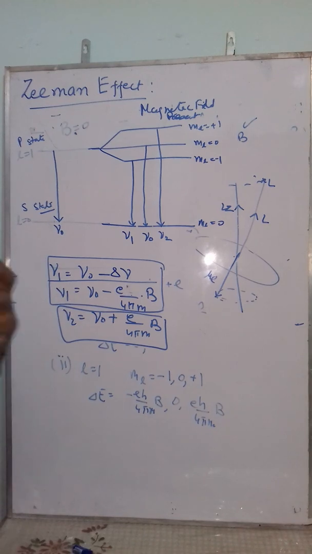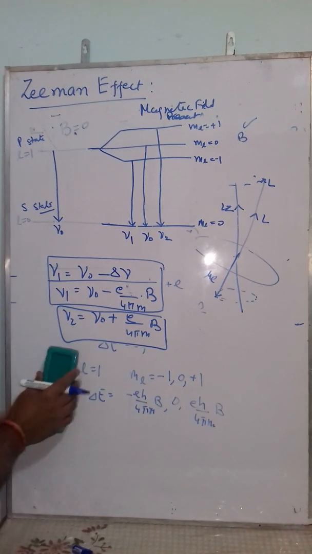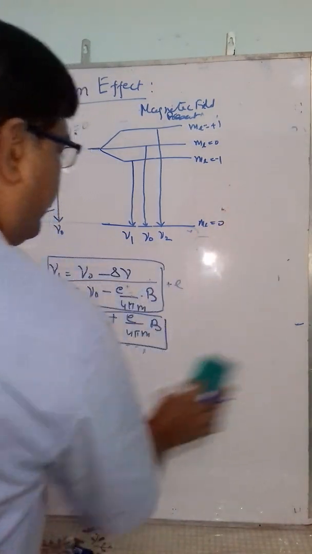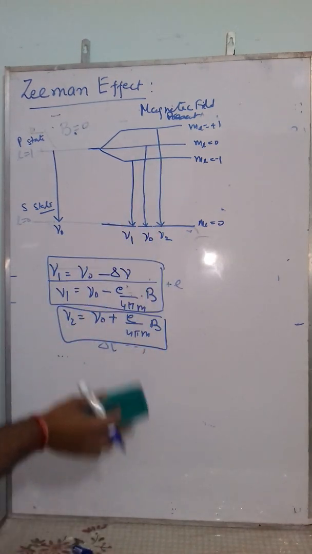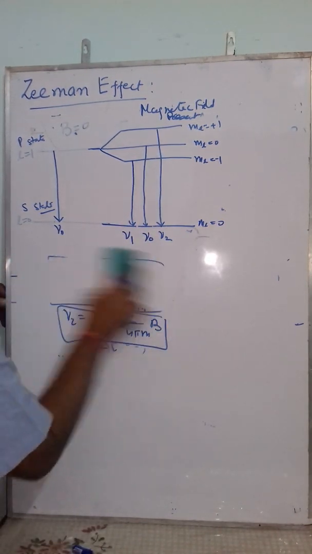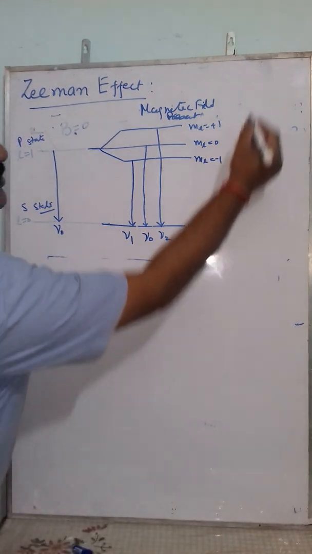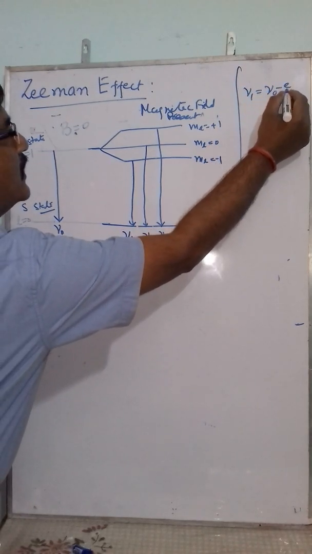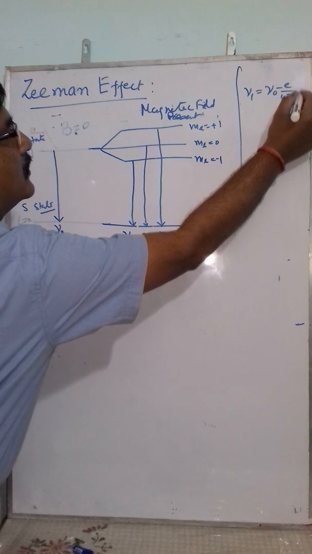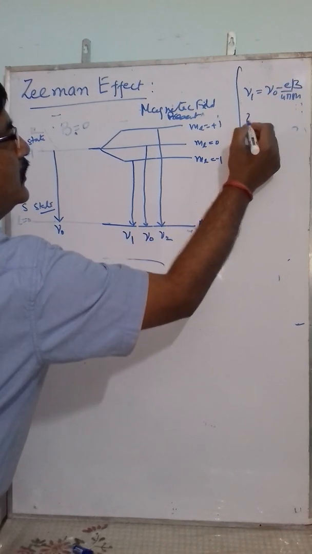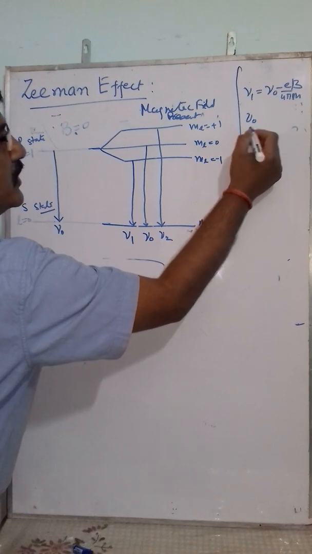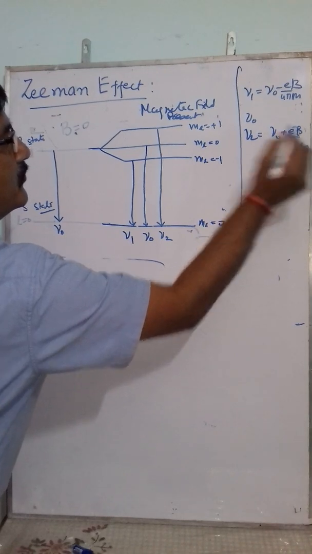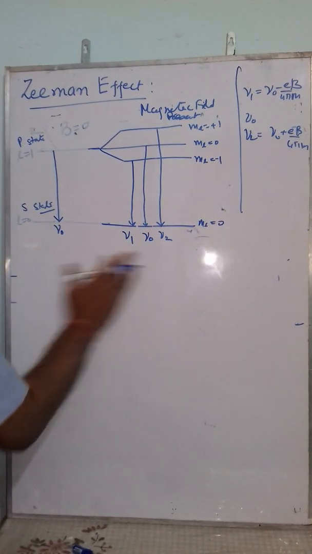Now, how do we observe it experimentally? We are getting 3 lines: nu1 is equal to nu0 minus eB upon 4 pi m, nu0, and nu2 is equal to nu0 plus eB upon 4 pi m, right? These are the 3 frequencies we are getting.